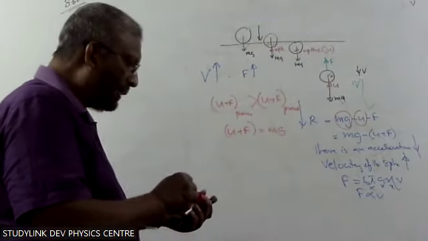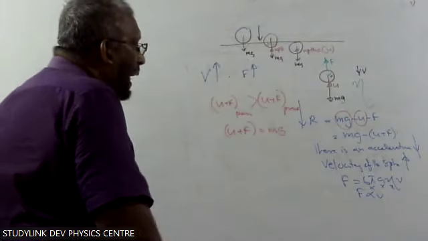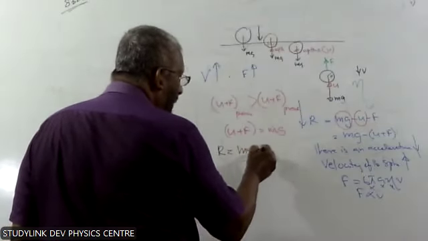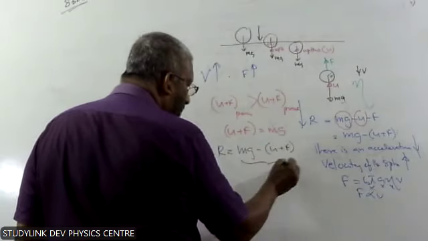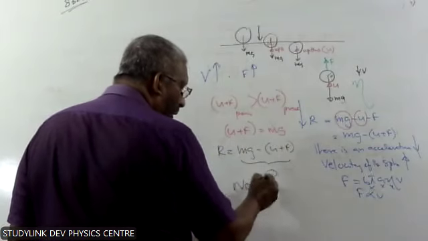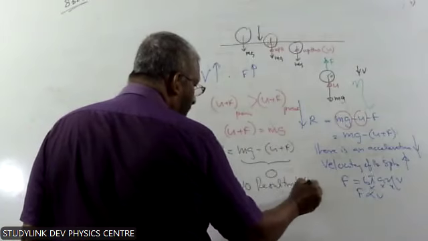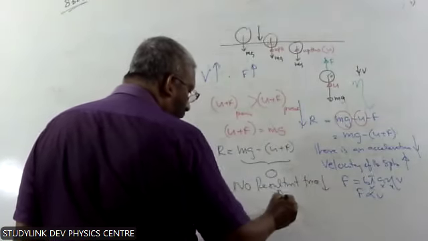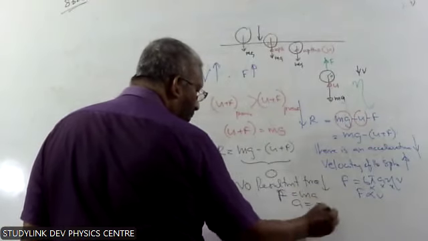Then R becomes mg minus (U plus F), that means this becomes 0. No resultant force downwards. Therefore, according to F equals ma, acceleration becomes 0.